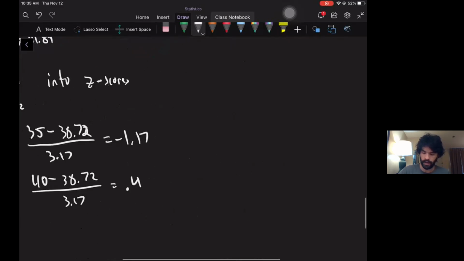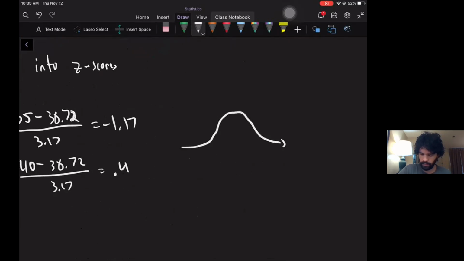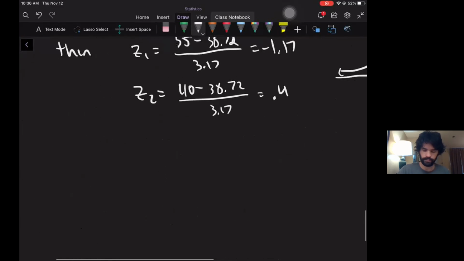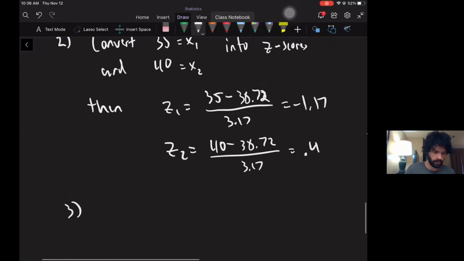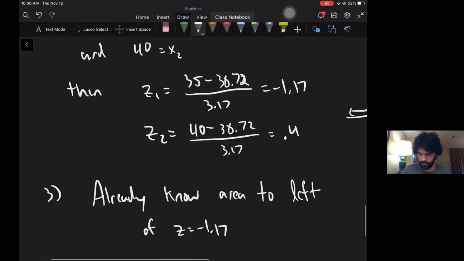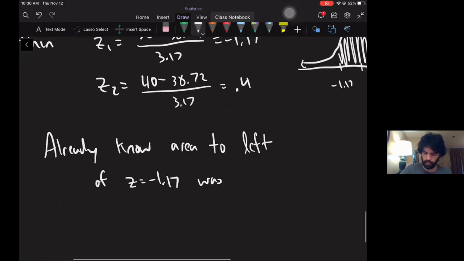So what this means is on the side, you don't really have to do this part every single time, but again, just to remind you, we're really looking for the area in terms of z-scores. And so what we can do is use the online calculator that knows that already for us. Okay, so we already know that the area to the left from the previous part of this was 0.1210.